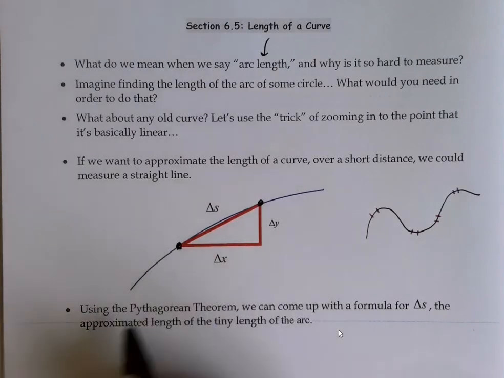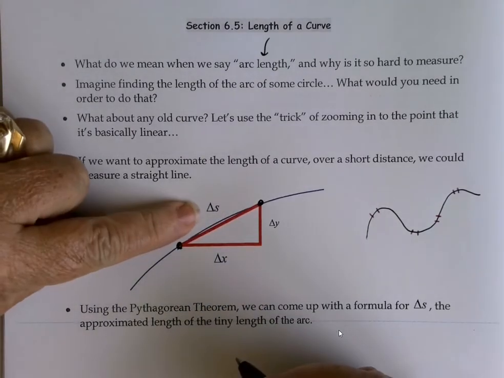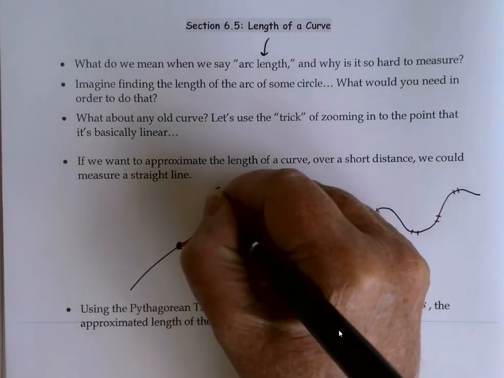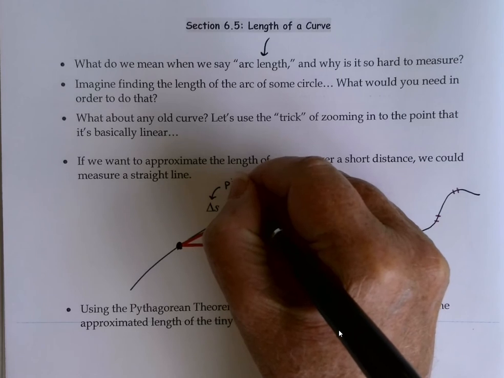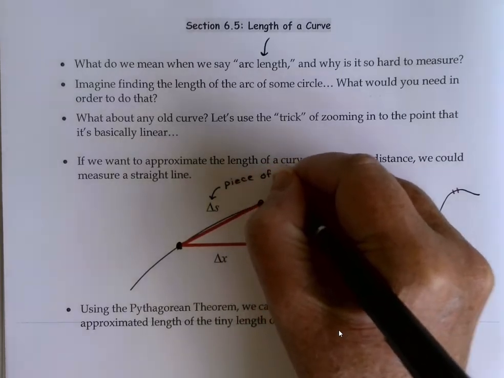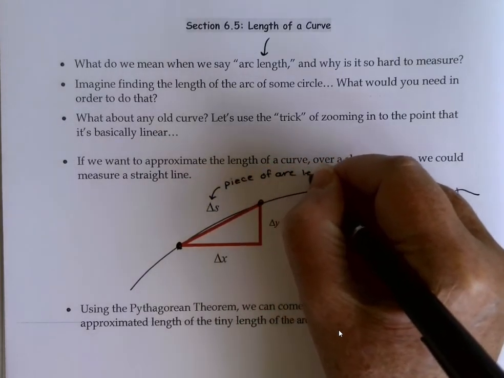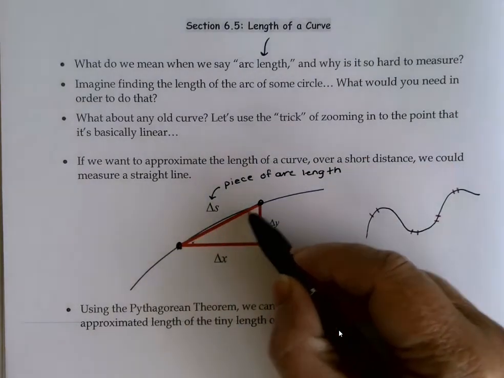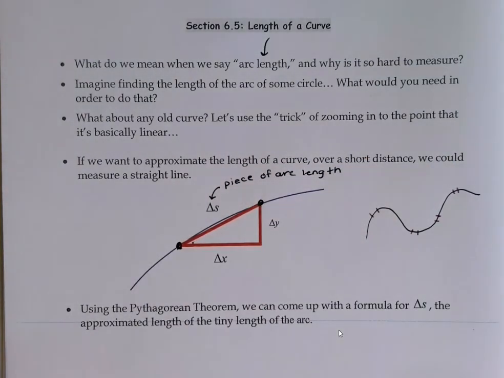Since we've zoomed in so much that our curve is almost a straight line, we're going to approximate the little piece of arc length, this delta s, as the hypotenuse of this triangle. They're not quite the same, but if delta s is small enough, they're very close to the same.